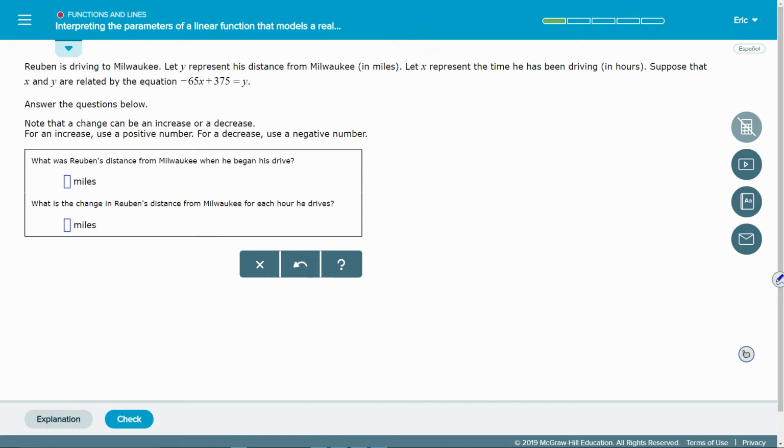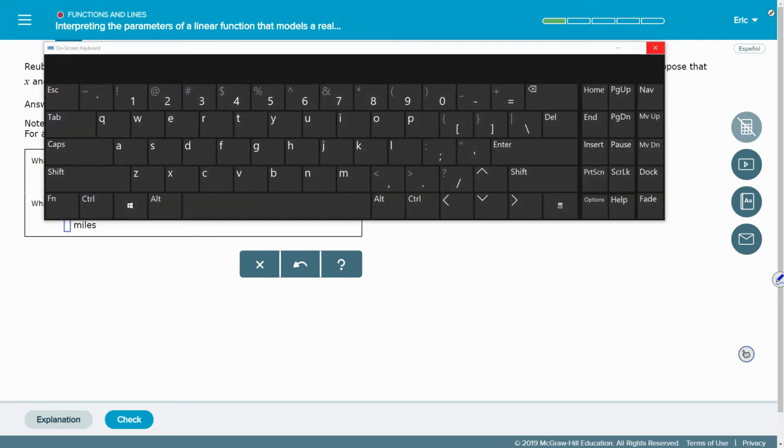So it just asked me if y is the distance from Milwaukee and x is the time driving in hours, what is the change in Ruben's distance from Milwaukee for each hour he drives? So what number is being multiplied by x? Looking at my function, that's that negative 65. So my answer for the change would just be negative 65.